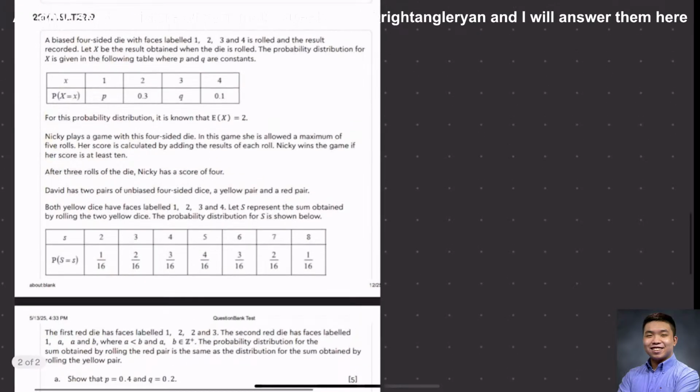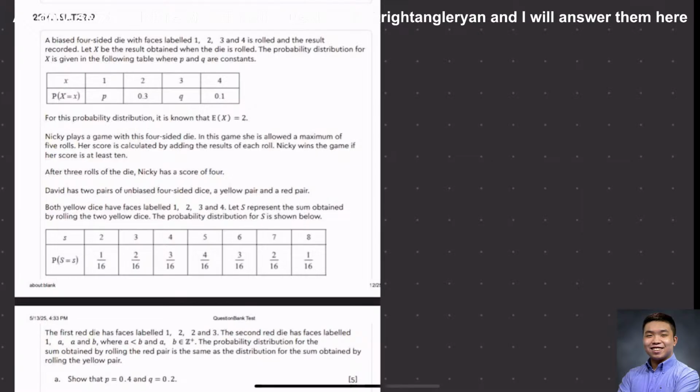Okay, what else is saying here? A biased four-sided dice with faces labeled 1, 2, 3, and 4 is rolled, and the result recorded. Let X be the result obtained when the dice is rolled. The probability distribution is that. For this probability distribution, it is known that the expected value is 2.